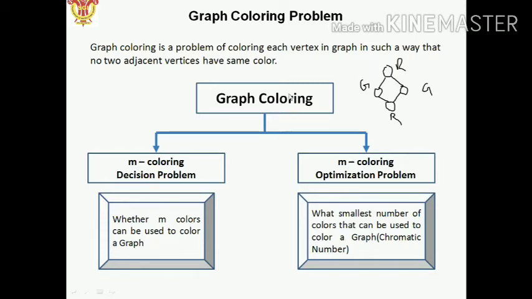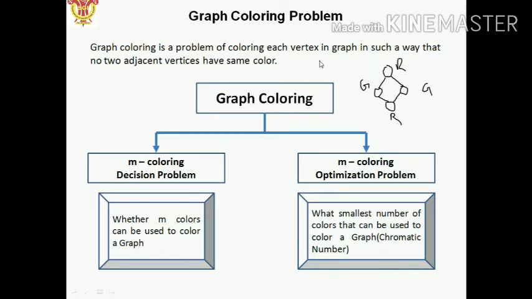So the graph coloring problem has two sections. This is the M coloring decision problem. What it says is whether M colors can be used to color a graph. It means we are given a graph and we are given the number of colors also.